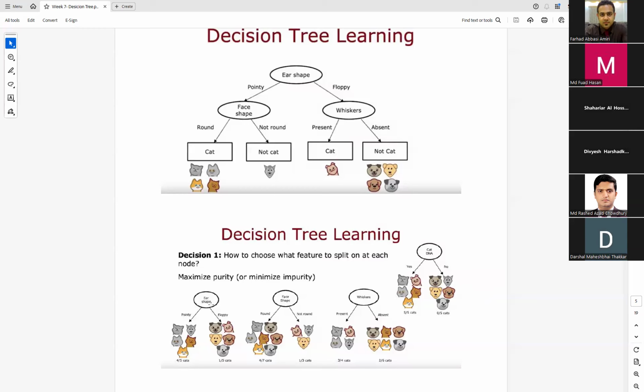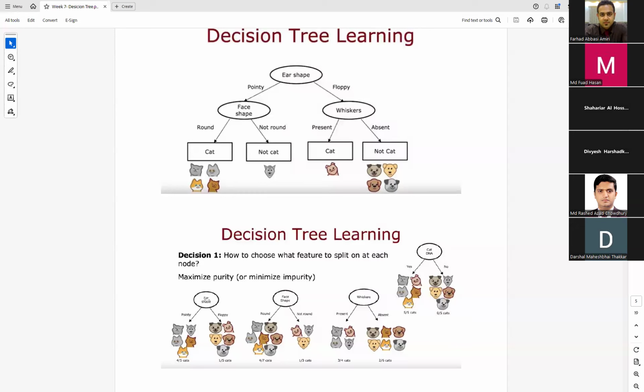So, for example, let's say this is a root node. Let's start with the ear shape and measure the purity. So we are trying to maximize the purity or minimize the impurity. And right now you know what I mean by saying purity, right? Purity means that our splitting on a feature has the maximum improvement, and the data can be classified in a nice way.